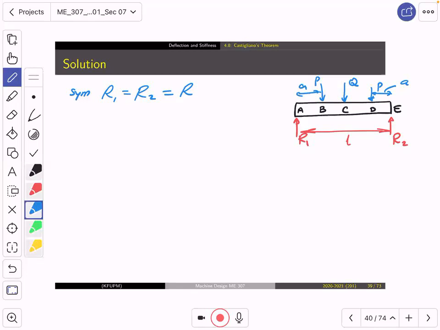You understand. So if I sum up the forces along Y and say this is equal to 0, taking up as positive, then I will have two reactions, R, minus Q, right?